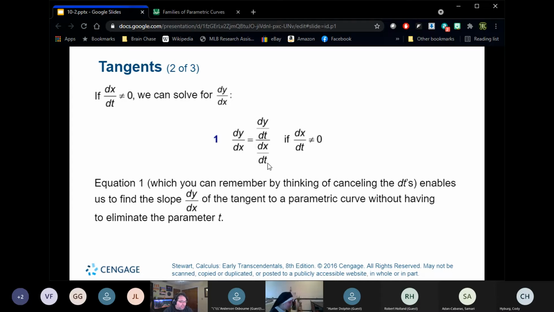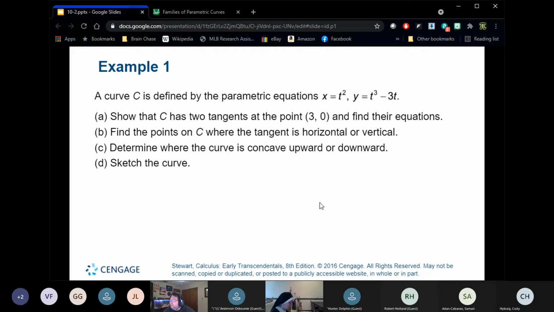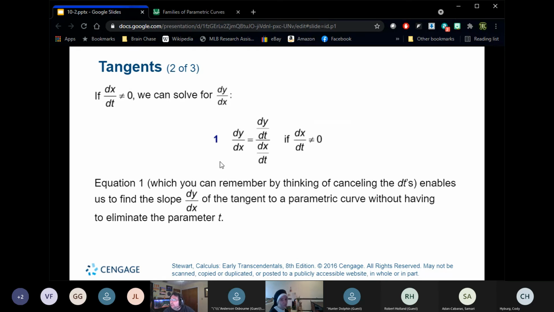So all you're doing is dividing them, basically deriving it in terms of t instead of in terms of the x or the y. So that right there is my first derivative.